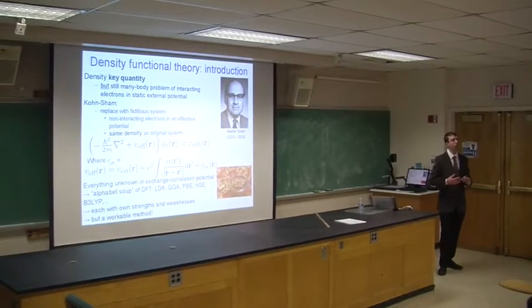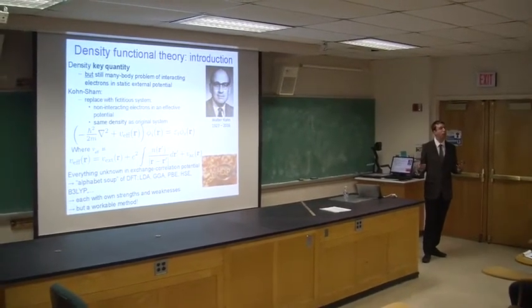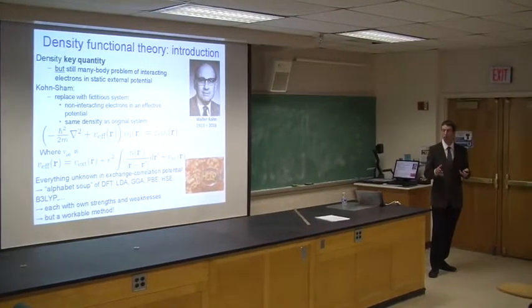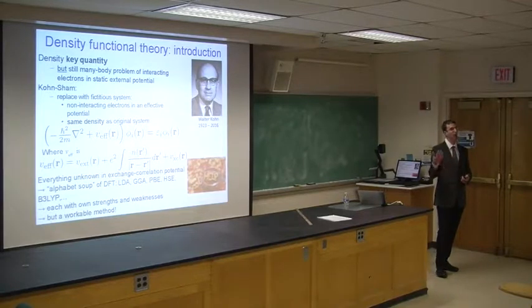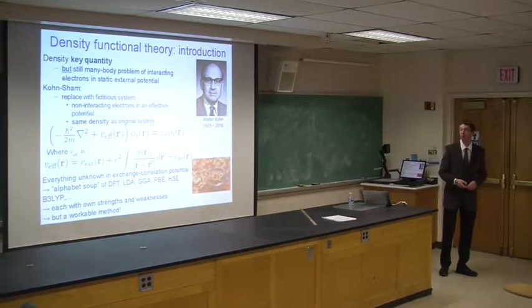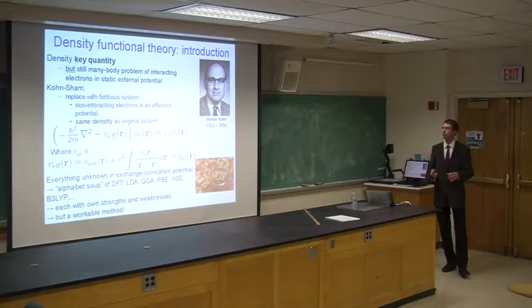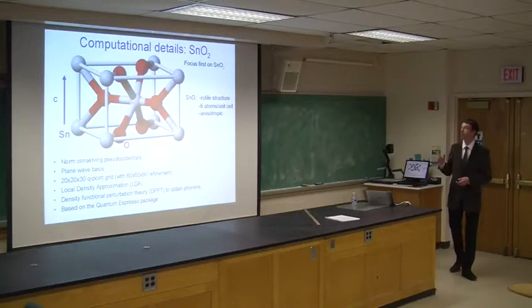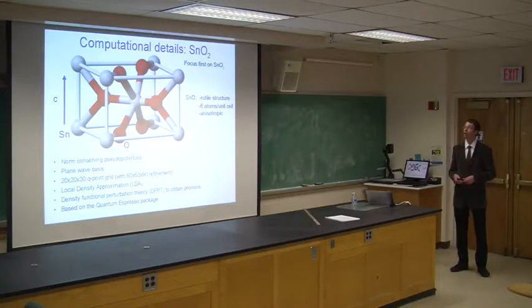And if you go into perturbation theory, you can also get the phonons and the electron-phonon matrix elements. So in short, you can get all of the terms that entered in this Fermi's golden rule equation for the absorption. So that's the techniques I will be using on the material tin oxide.